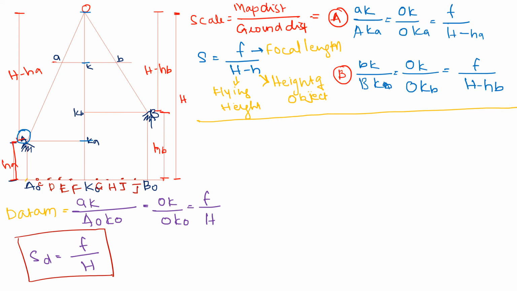But at this moment, I can't find out for every individual. Instead, what you can do is measure the heights of A, B, C, D, F, G, H, I. Then you can find out the average scale, that is F divided by H minus h average. This will become the scale of the photograph.